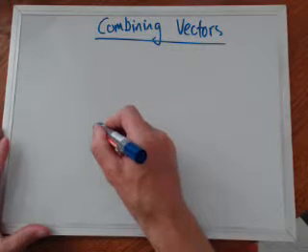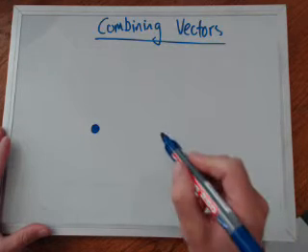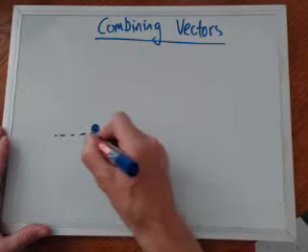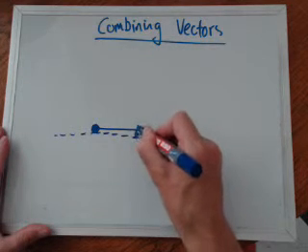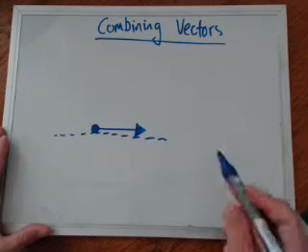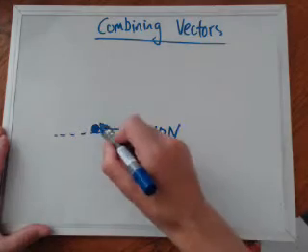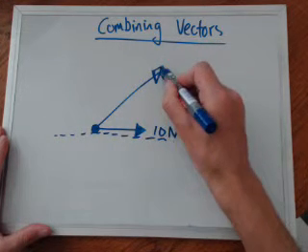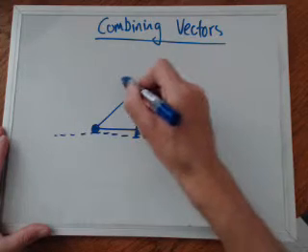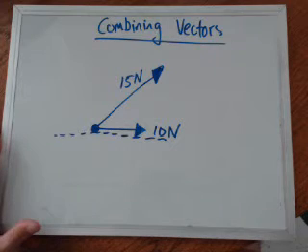Let's say we have an object there, and let's draw it on the ground, and let's say it is being pulled in this direction by a force of, say, 10 newtons, and it's being pulled in this direction here with a force of 15 newtons. So what resultant force does it feel?